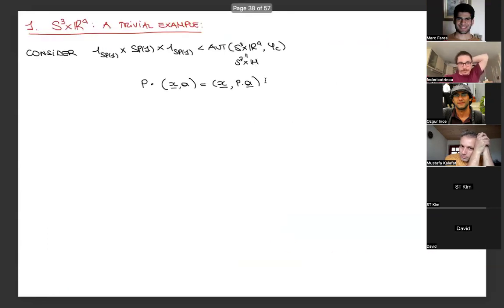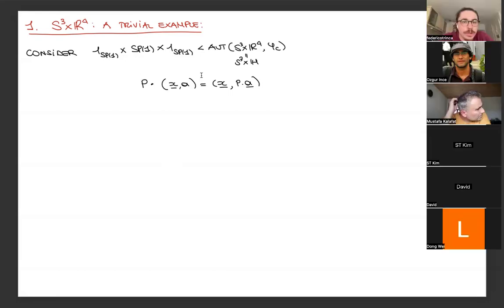Okay, so the trivial example is something we have already seen. We are working on S3 times R4, and the subgroup that we are considering is Sp(1), which sits in Sp(1) times Sp(1) times Sp(1) by picking the middle piece. The middle piece is the one that acts on H, which I'm identifying with R4, by left multiplication by quaternions.